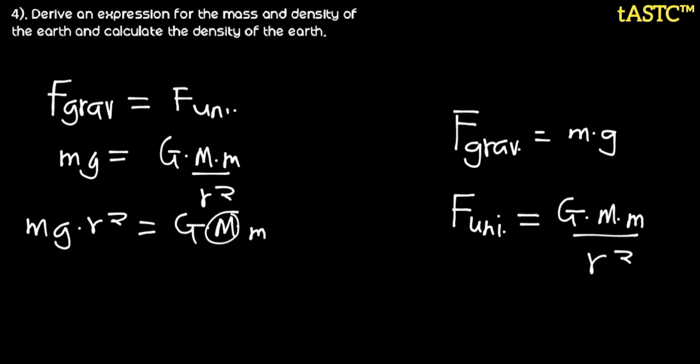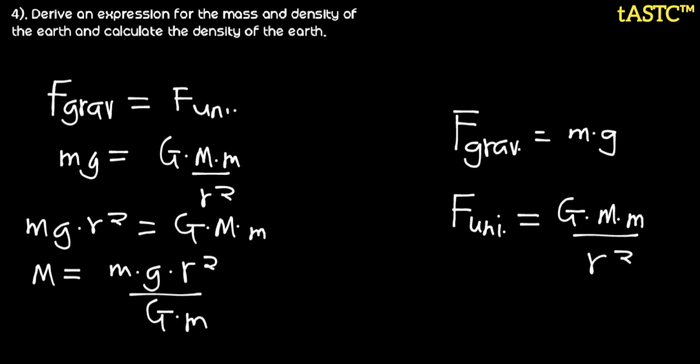In order to make this the subject, I just basically need to divide through by the coefficients of it. So that will be m multiplied by g multiplied by r squared, divided by G multiplied by small m. Now in this case, we can clearly see that m is going to cancel out, and we would have something like this.